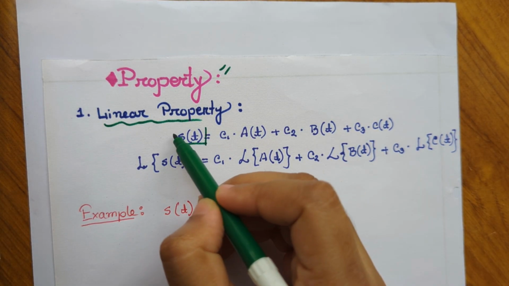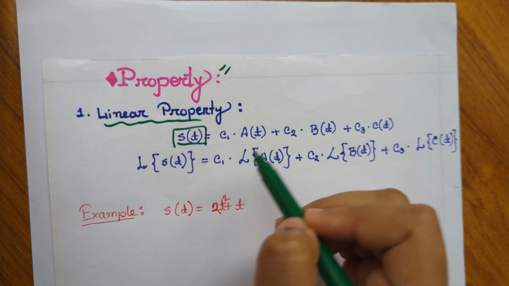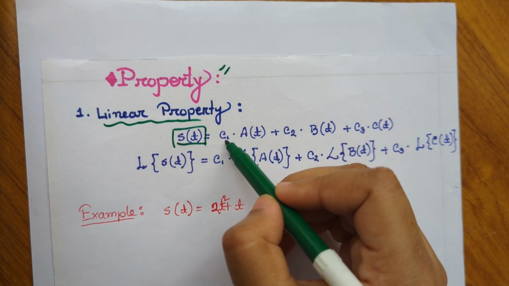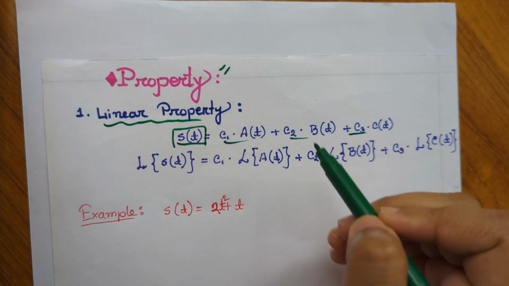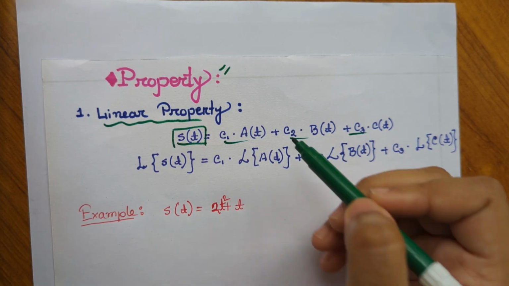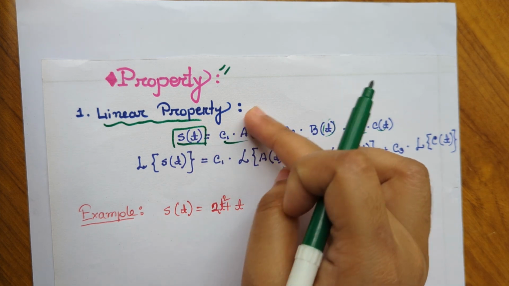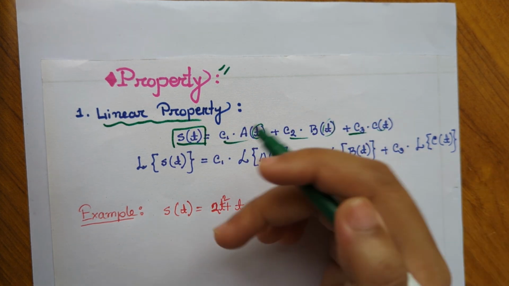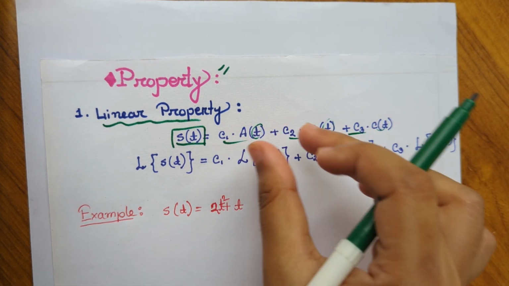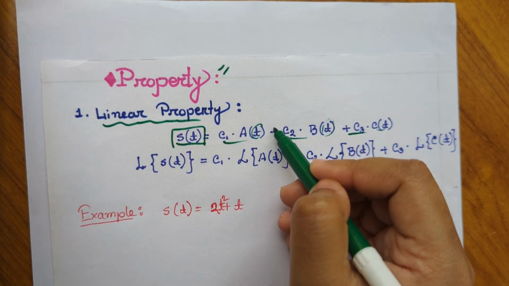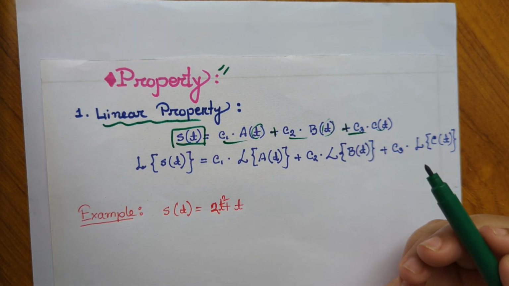Suppose s of t is a function which is a combination of three functions, which are also functions of the variable t. If we break it down, we get these three functions added together.